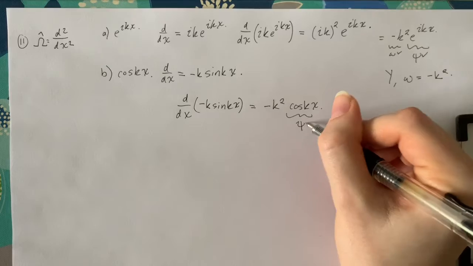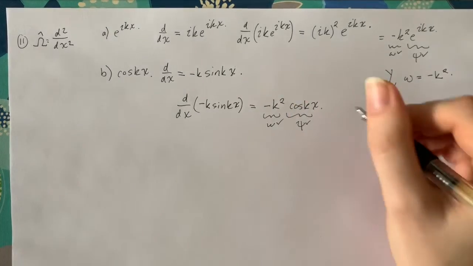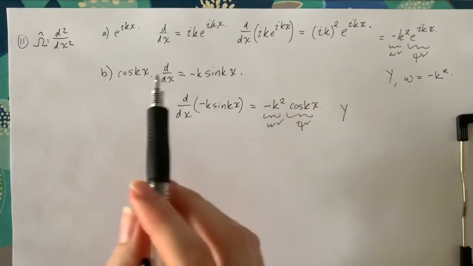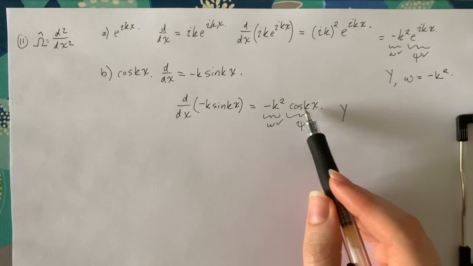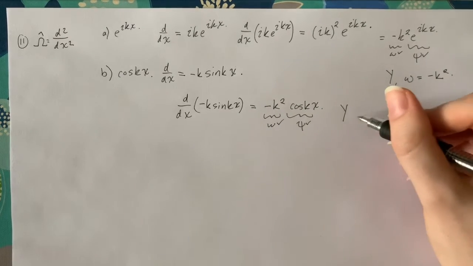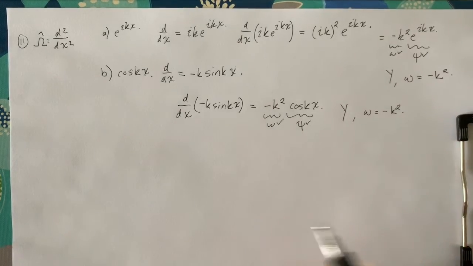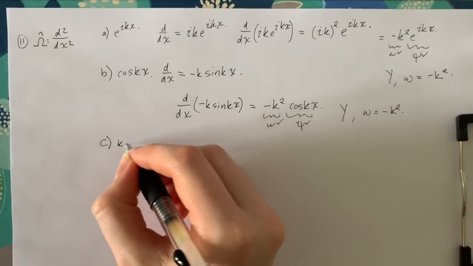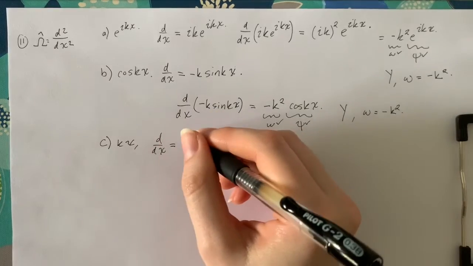So we check, we get the same psi, and we get a constant. So even though this function wasn't an eigenfunction for the first derivative, it is for the second derivative because we get the wave function back with a constant. So here the eigenvalue is minus k squared again. For c, which was kx, the first derivative was just k.